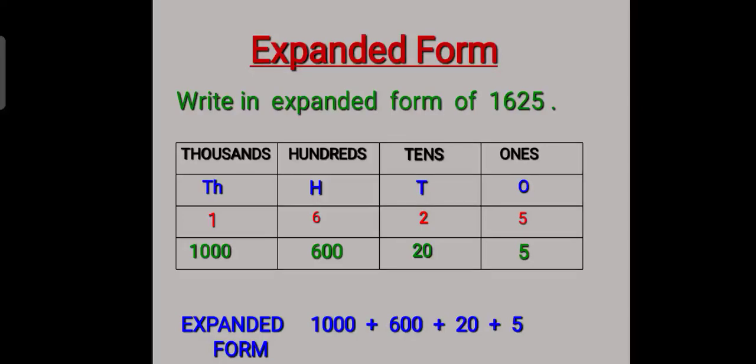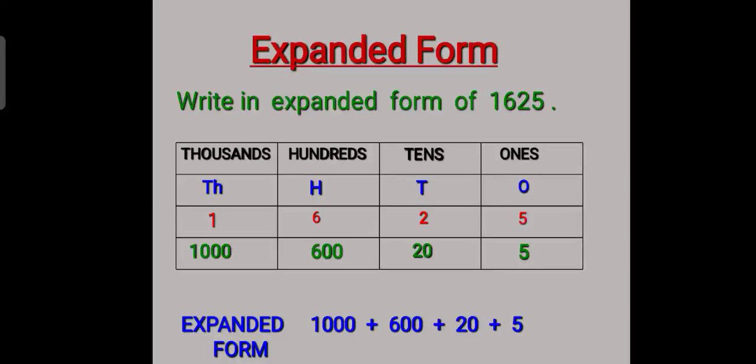Next comes expanded form. Let's understand it with the help of a 4-digit number. The number is 1625. To write the expanded form, first you need to write the place value of every digit, and to find the place value, we make the place value chart of this number. 5 is at ones place, 2 is at tens place, 6 is at hundreds place, and the last one is at thousands place.